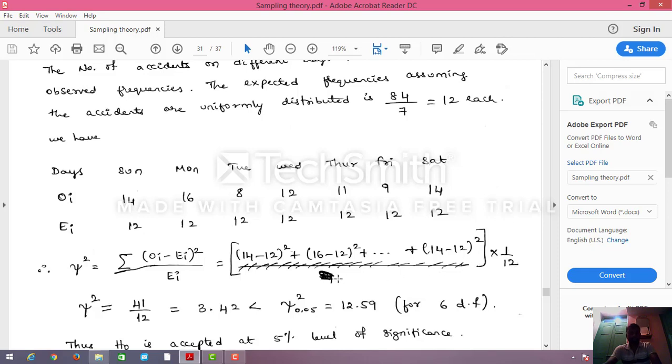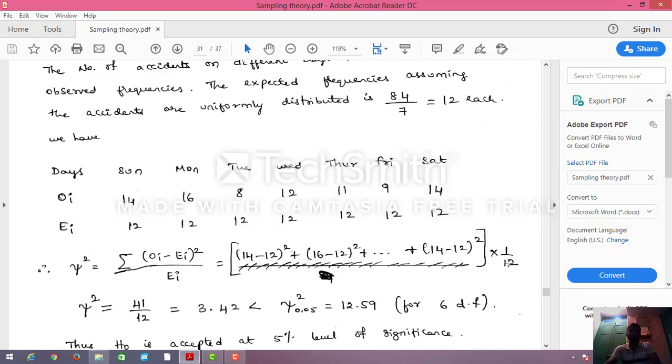Now (14 minus 12) whole square plus (16 minus 12) whole square plus (8 minus 12) whole square plus (12 minus 12) whole square plus (11 minus 12) whole square plus (9 minus 12) whole square plus the last one (14 minus 12) whole square, whole bracket into 1 by 12.